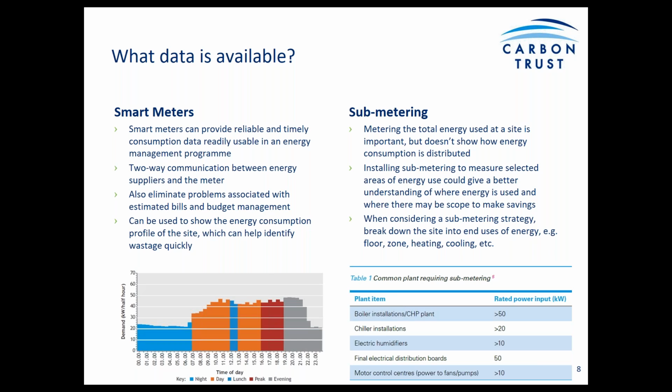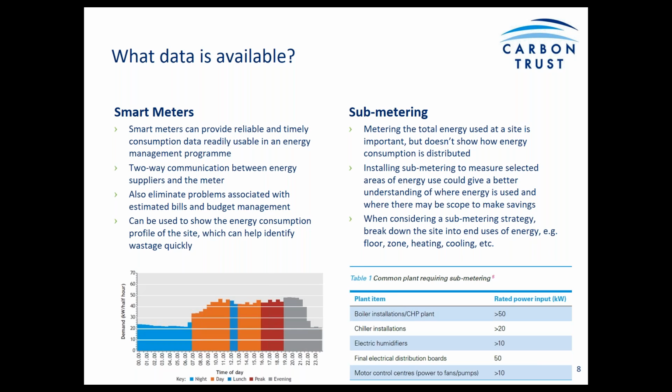Finally, some larger or mixed-use sites may have sub-metering installed to separate out consumption across different areas or processes. So installing sub-metering to measure selected areas of energy use could potentially give a better understanding of where energy is used and where there also might be scope to make savings.